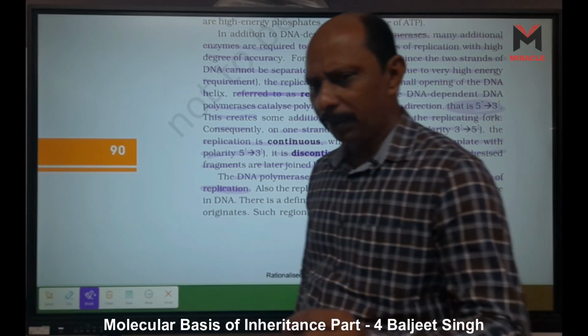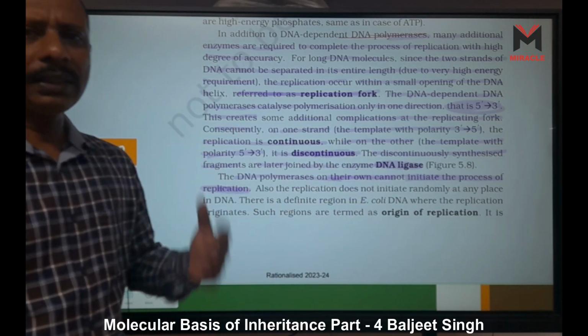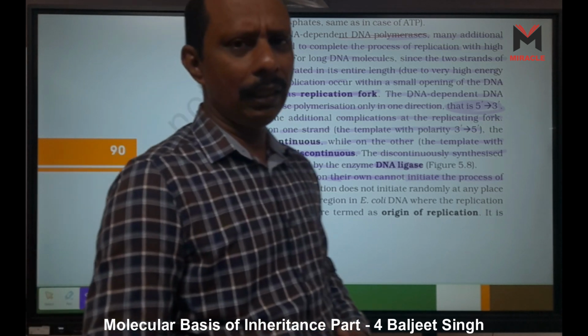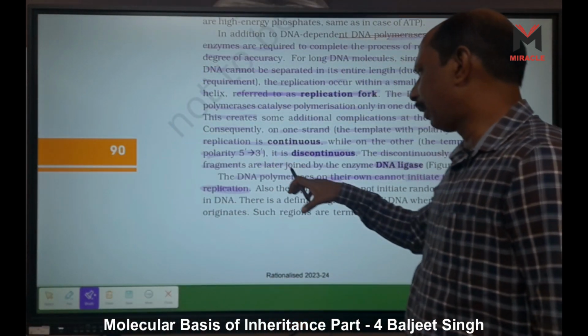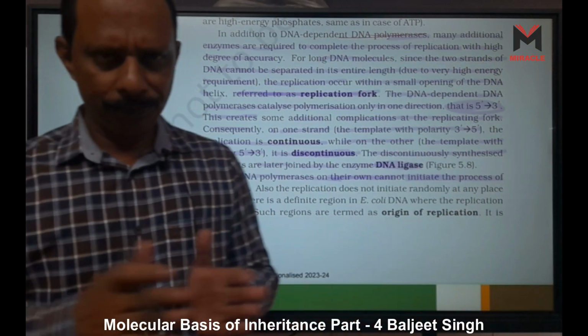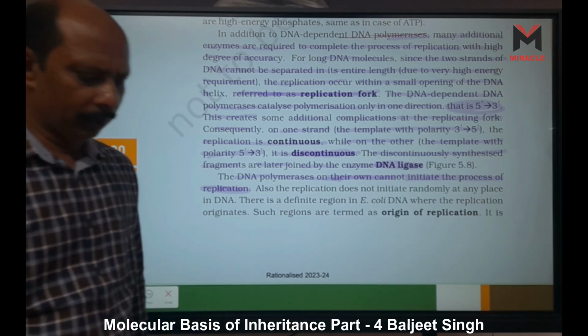The RNA primer initiates the process. When the RNA primer is formed, it separates off from the DNA strand. And when it separates off, this DNA dependent DNA polymerase enzyme continuously forms the daughter strand, right?